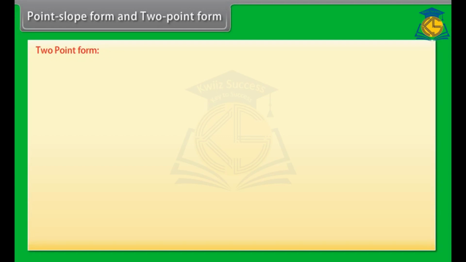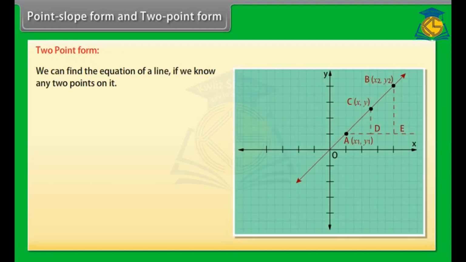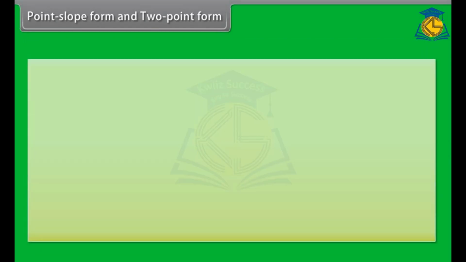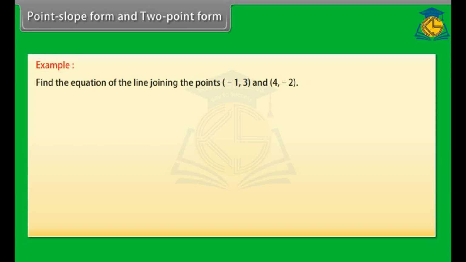Two-point form. We can find the equation of a line if we know any 2 points on it, that is, where (x1, y1) and (x2, y2) are the two given points. Example. Find the equation of the line joining the points (minus 1, 3) and (4, minus 2). Solution.